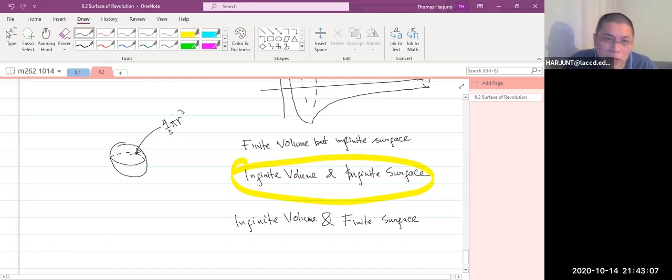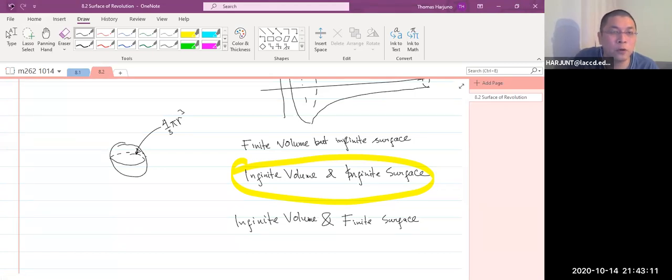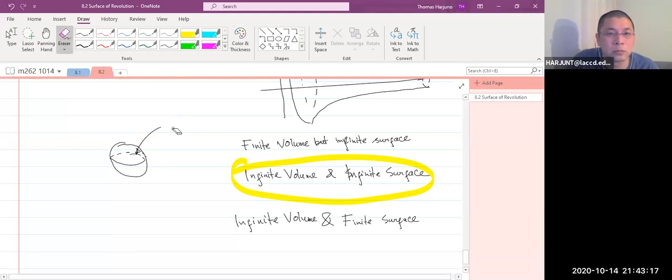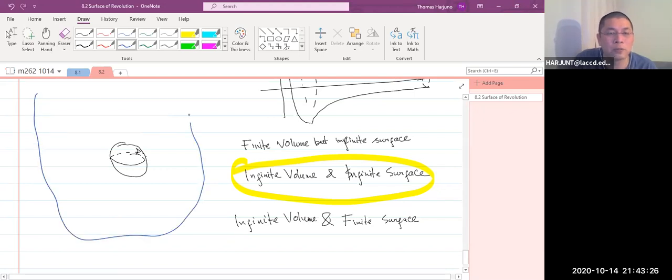But the volume outside is infinite. So if you see it the other way around, the volume that you look for is the volume outside of this surface.